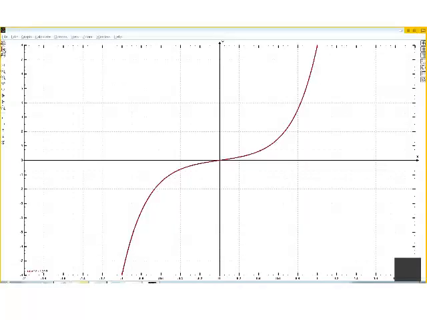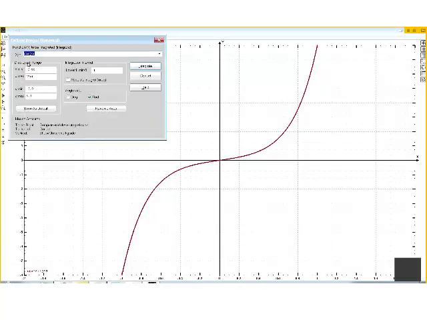Now sometimes graphing utilities will let you do integration. So let's see if it does. There's one here that says integral. Function to be integrated: the function is x times (x squared plus 1) cubed. Our lower limit is negative 1. And we want to calculate the absolute integral, I think.